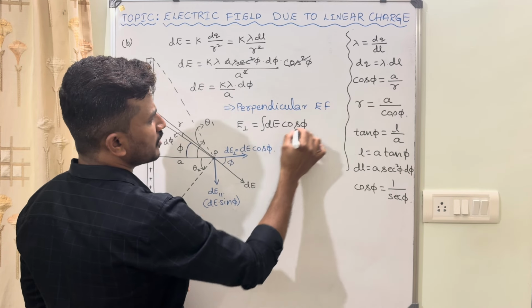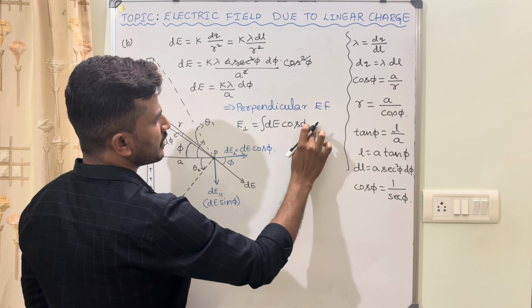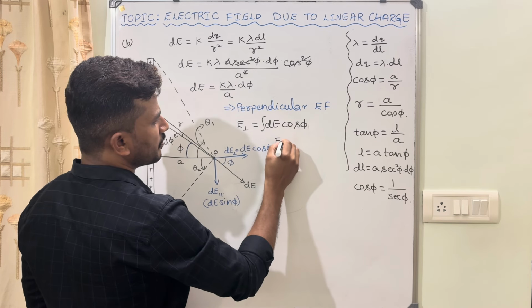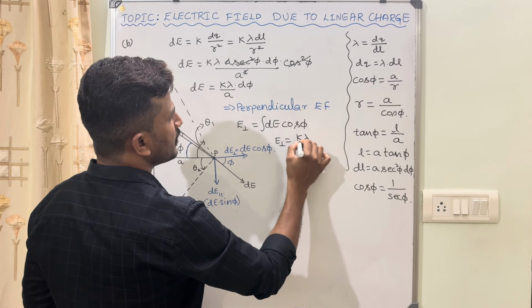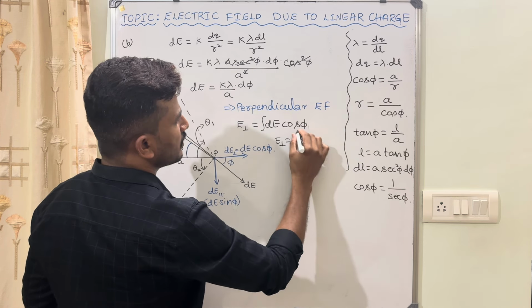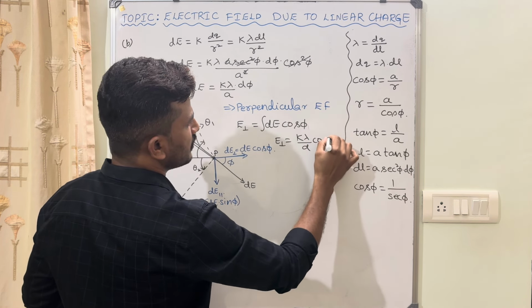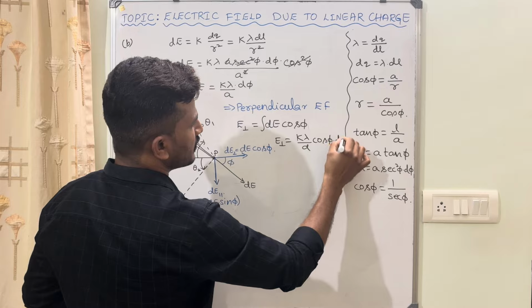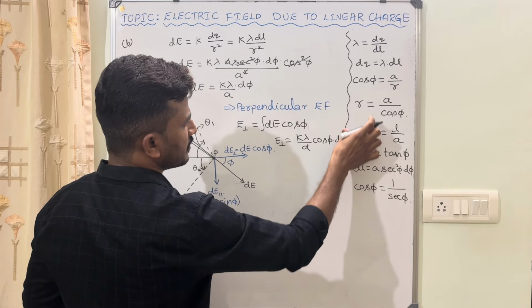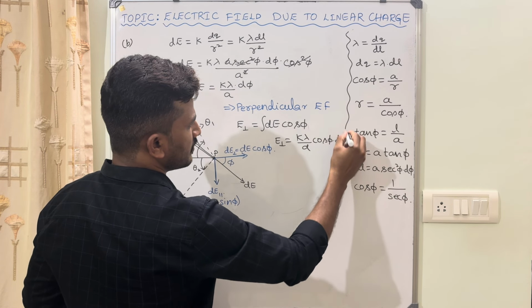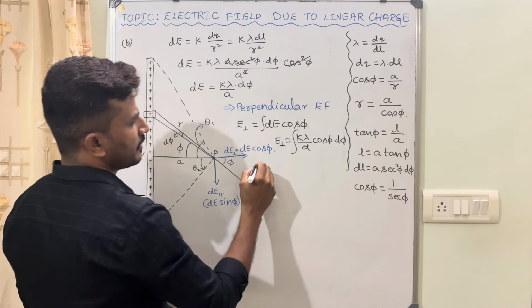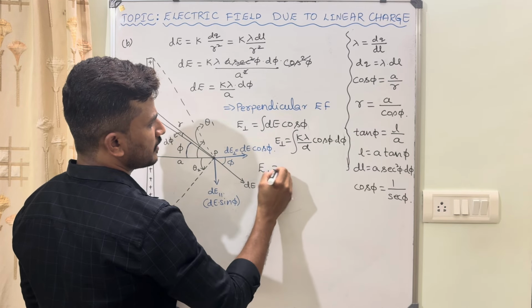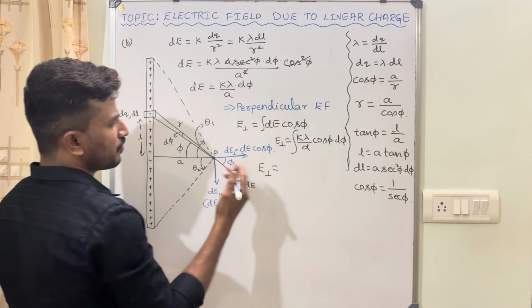So dE is K lambda by A into d phi, and cos phi is there, cos phi d phi, under the integration.